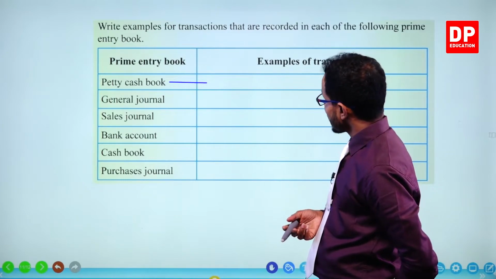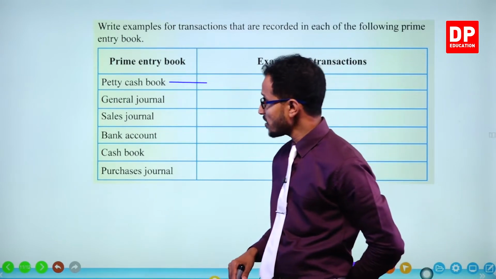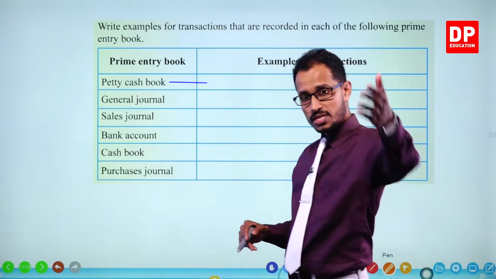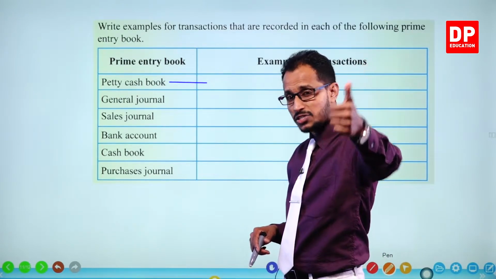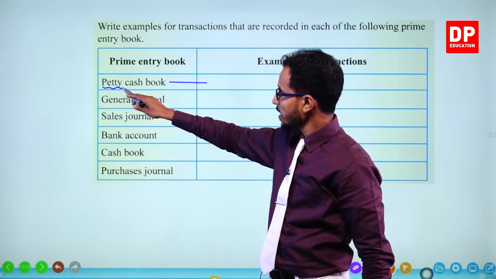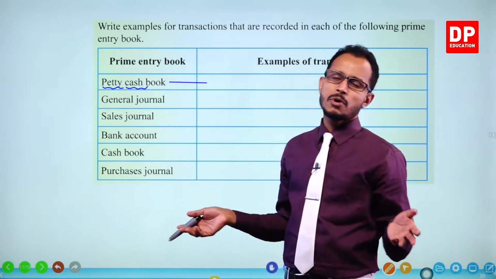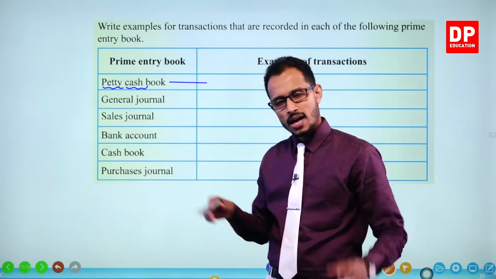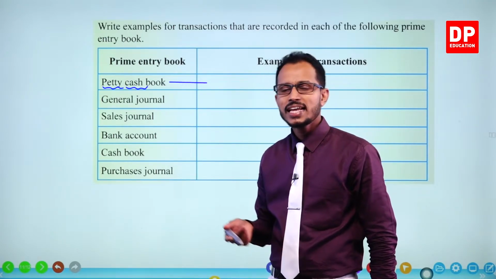Tell me, what transactions are recorded in petty cash book? What did I say about petty cash, children? Don't tell me that I didn't explain the meaning of petty cash. I did.